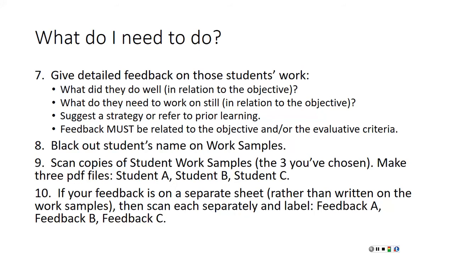It has all of the stuff you need to do well on this task of feedback. For example, you would list your objective or objectives, any evaluation criteria that you could make note of real quick there. You can put student A, student B, student C.